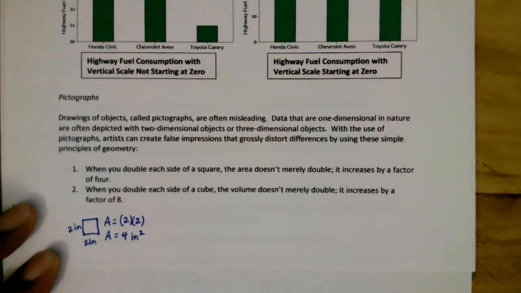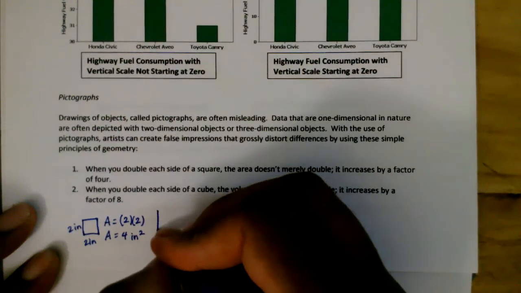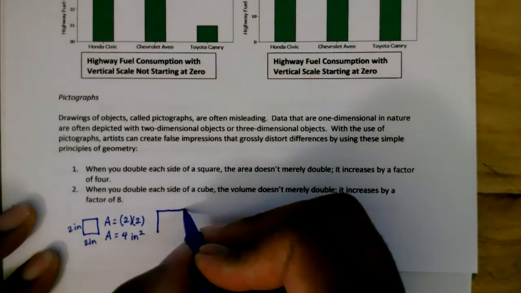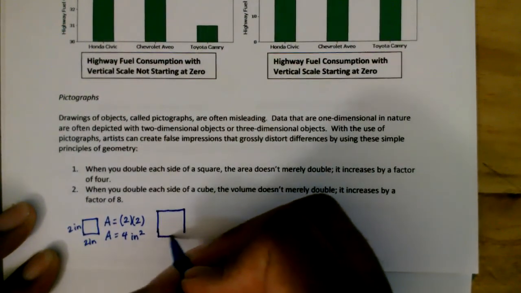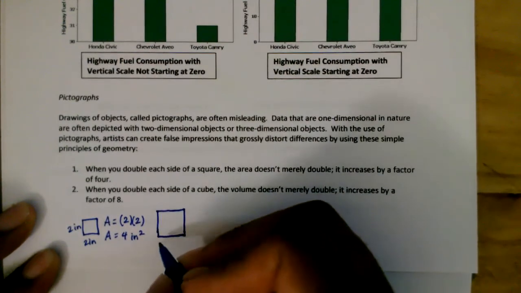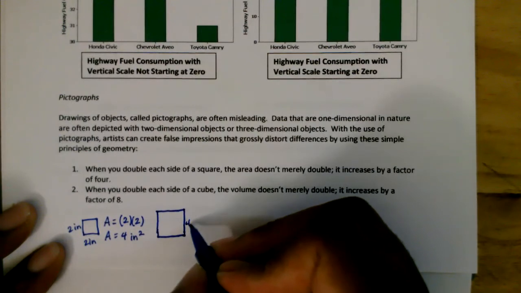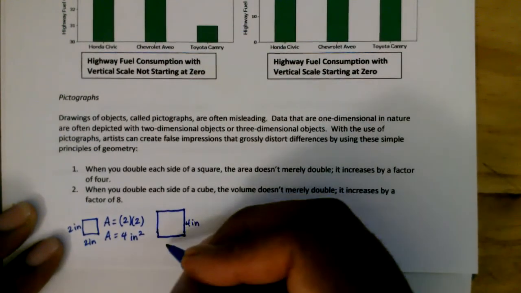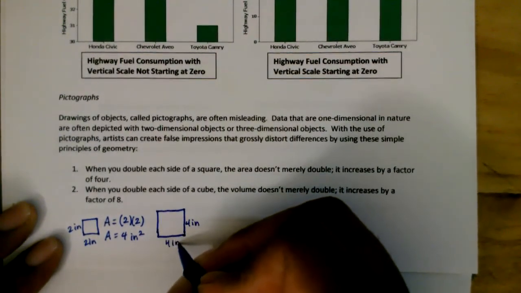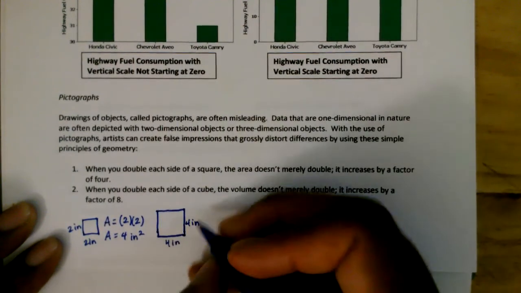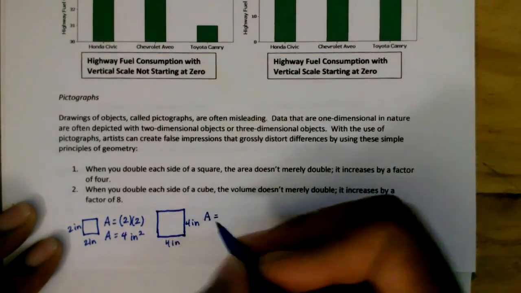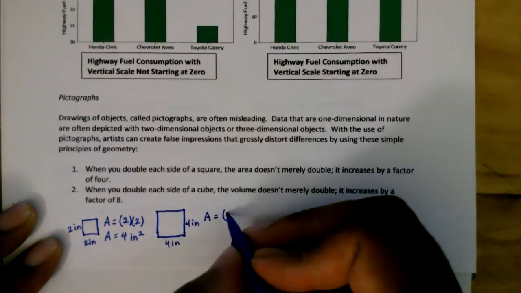Let's say I doubled that square. And this is not drawn to scale. So this time it's 4 inches, and this time it's also 4 inches. I'm doubling this. So if I take the area of that, the area will not double.